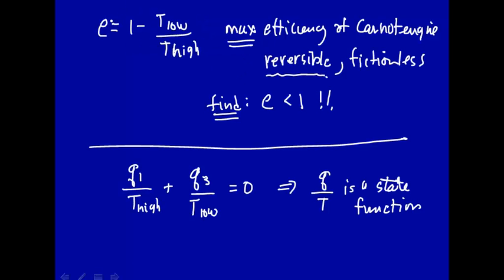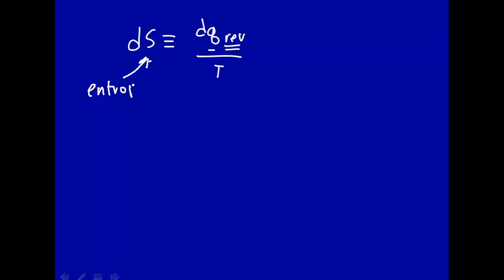Well, we're generalizing from the Carnot cycle, and that had reversible steps in it. So the heat transferred in a reversible process divided by the temperature is what we're going to define as entropy, given the symbol capital S.